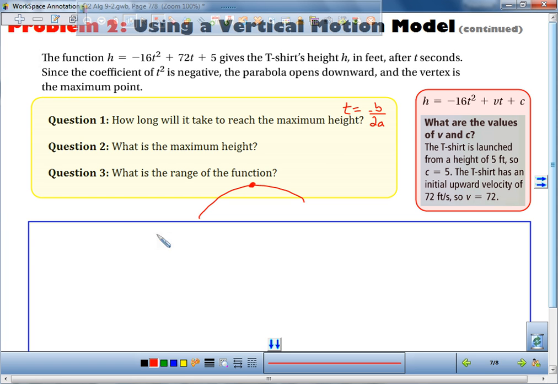So now, for question 1, to do negative b over 2a, we get negative 72, because b is 72, and a is negative 16, so 2 times negative 16, so we get negative 72 over negative 32, and if we divide that, it's going to give you 2.25, I think.